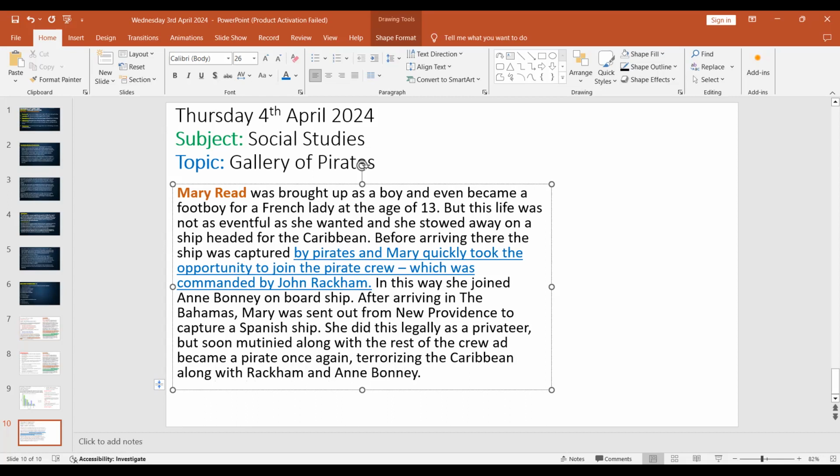So when she came to the Bahamas, she set out to legally do some privateer work, but eventually she went right back into pirating. And she, along with John Rackham and Anne Bonny, developed fame and a name in the terrorization that they were doing. But eventually they got caught, her along with John Rackham and Anne Bonny.